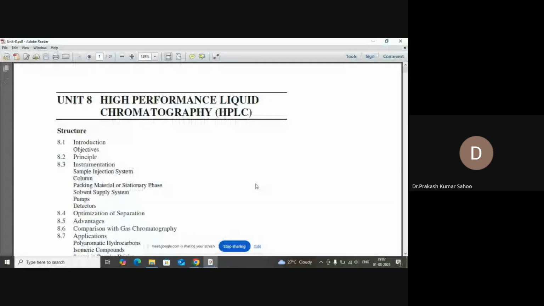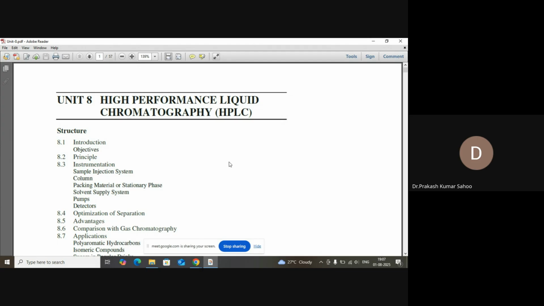As we already know, in liquid chromatography, if the stationary phase is solid, it is named liquid solid chromatography, and if the stationary phase is liquid, it is known as liquid liquid chromatography. In liquid solid chromatography, the mechanism involved in separation is adsorption.